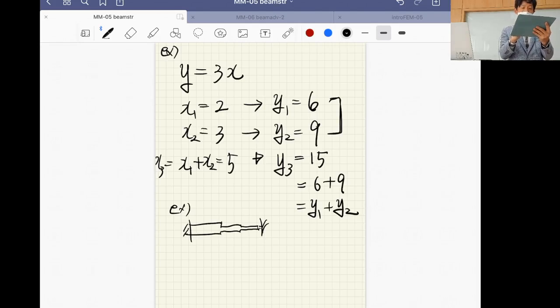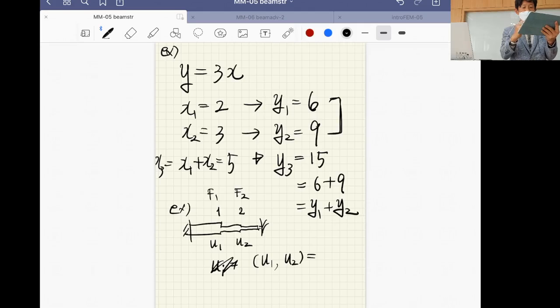Then I have node 1 and node 2. If you apply f1 here, and also we can apply f2, as a consequence, I want to calculate u1 and u2. So my response, u1 and u2, is given by the system function, and then the input is f1 and f2.